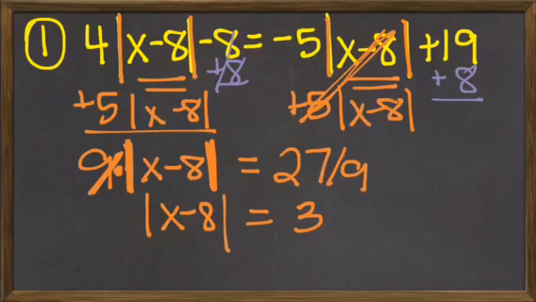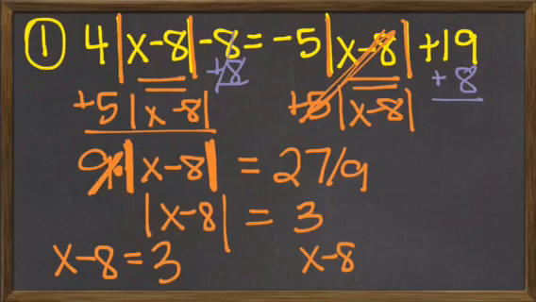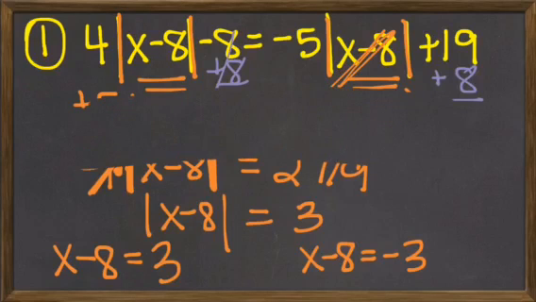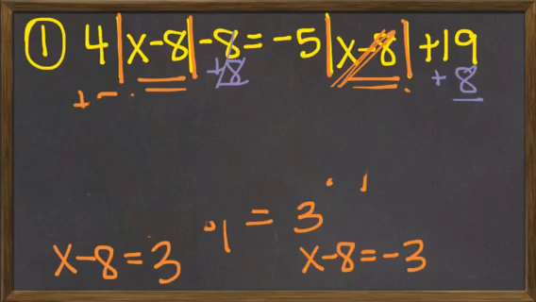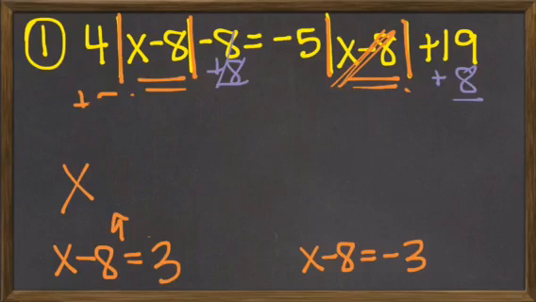Now going back to those basic rules that you learned in the previous video, we say, hey, what's inside that absolute value can be equal to 3, or it can be equal to negative 3. And then we solve those equations. If x minus 8 is equal to 3, I'm going to add 8 to both sides, and I'm going to get x is equal to 11.